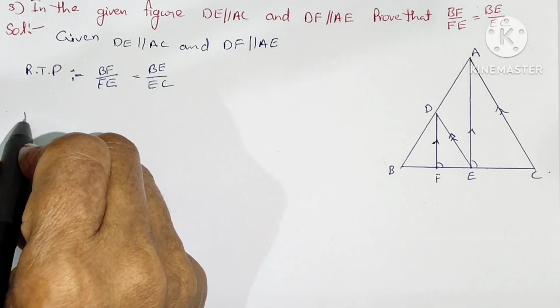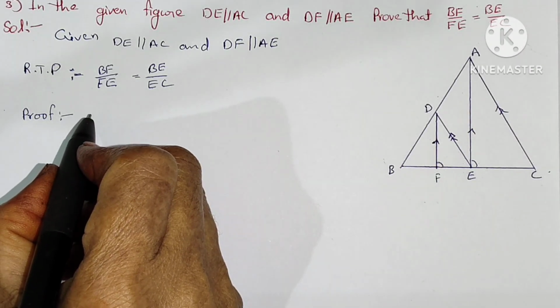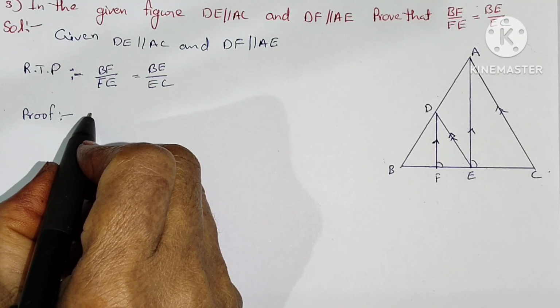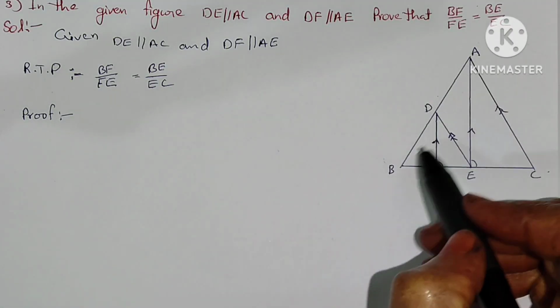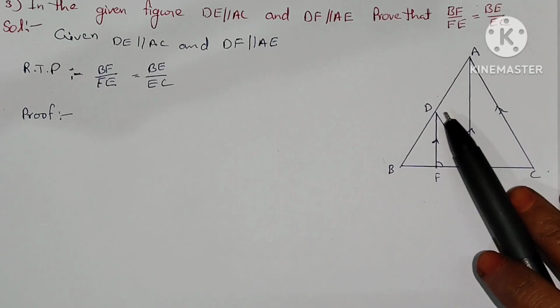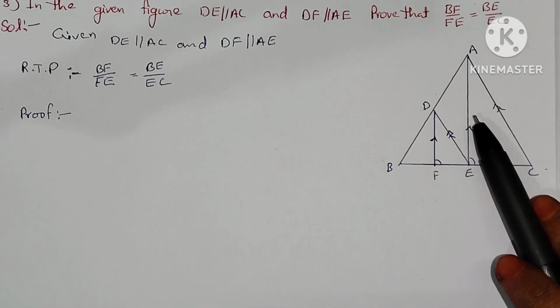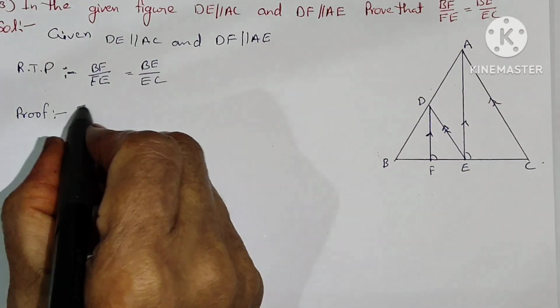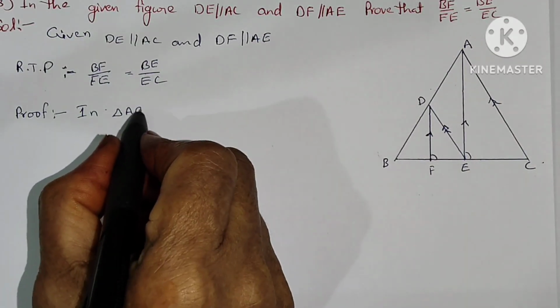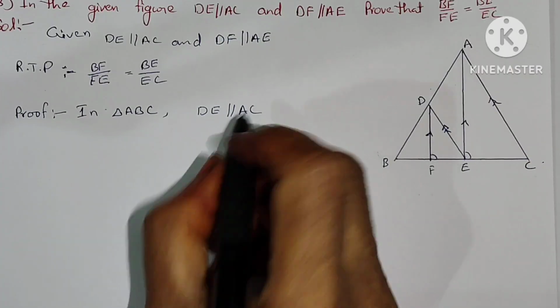Now we write the proof. Here we write the complete explanation of the proof. First we take the triangle ABC. AC is parallel to DE, so comparing these two parallel lines we use the basic proportionality theorem. In triangle ABC, DE is parallel to AC.